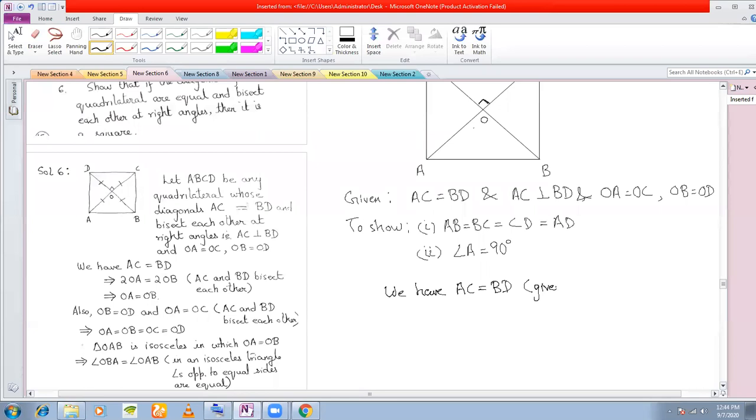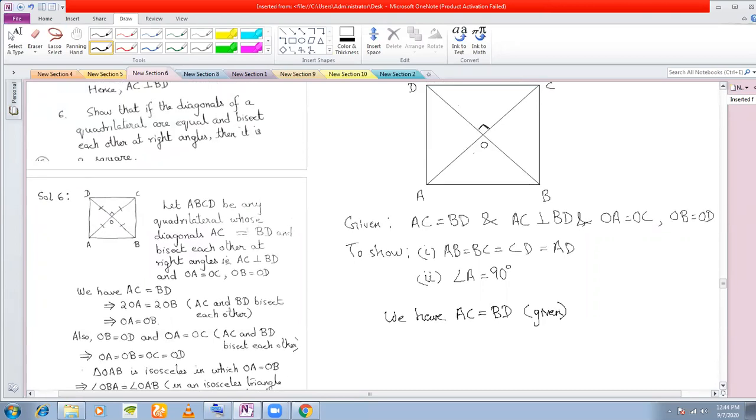Next, it is also given that they bisect each other, that is, OA is equal to OC and OB is equal to OD. Now see, if they bisect each other, then OC I can write as twice the length OA. This entire diagonal AC is twice of OA.